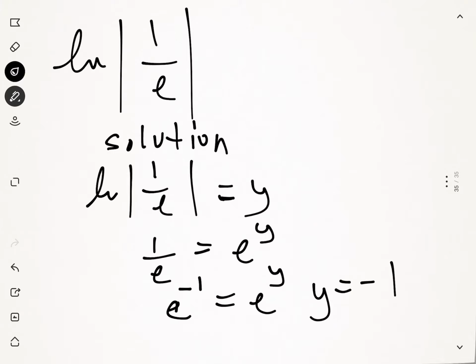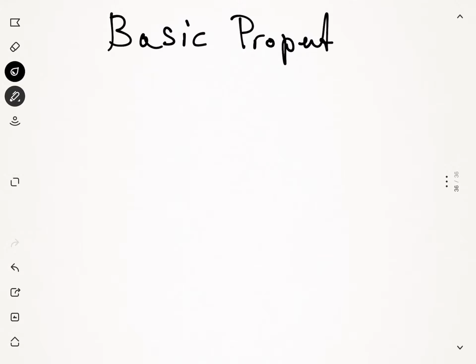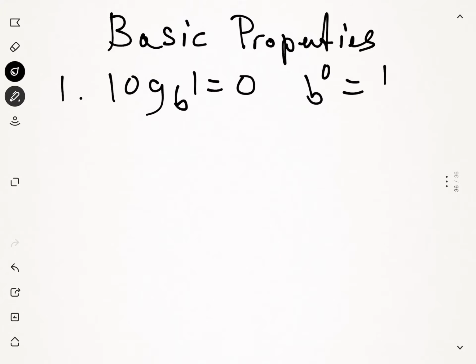So let's summarize some of the basic properties that we have here. Number 1: log base b of 1 equals zero, since b to the 0 equals 1.